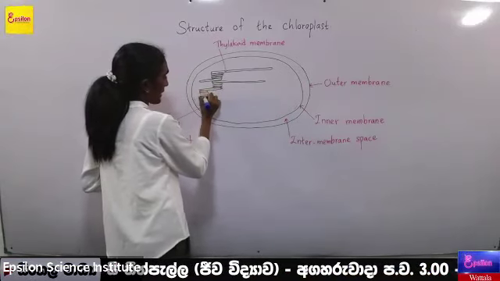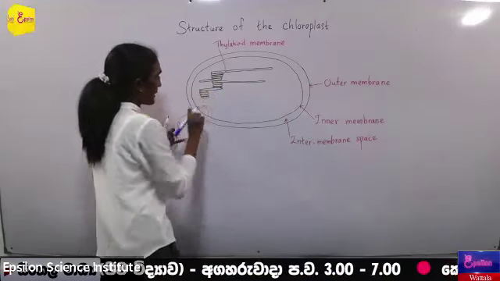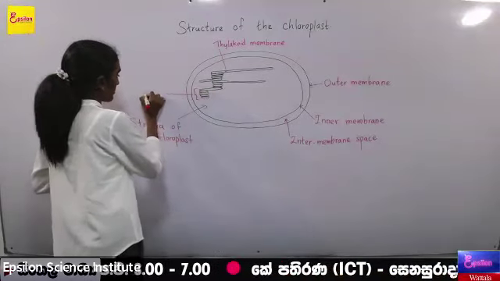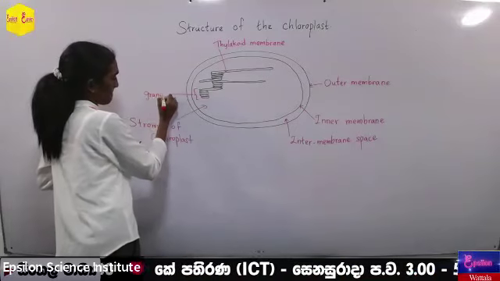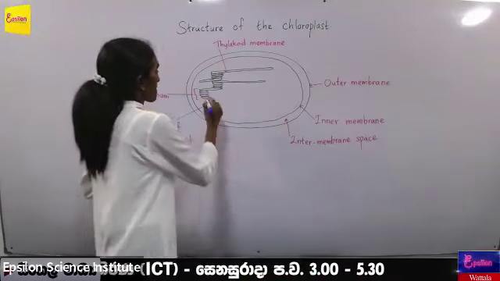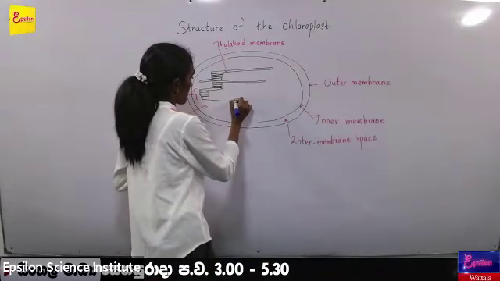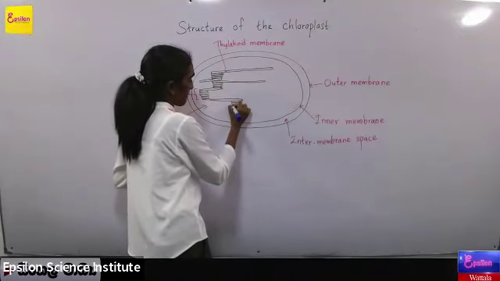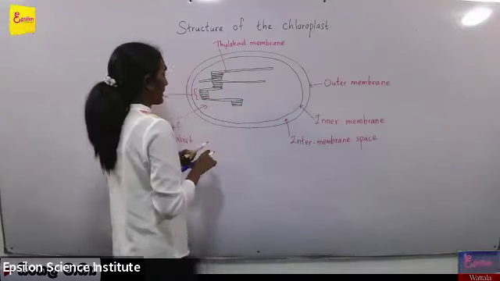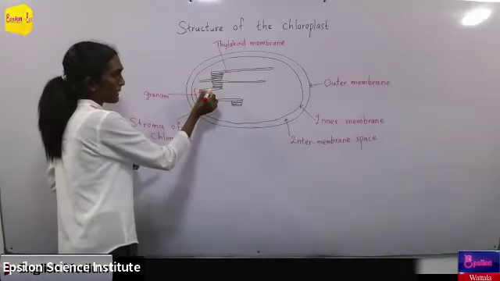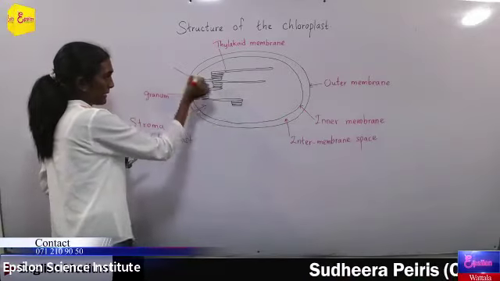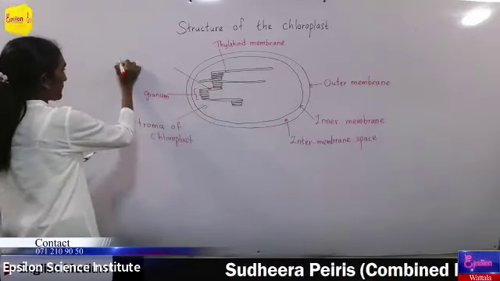These stacks of thylakoid membranes, we call grana. Granum is the singular term. If a particular thylakoid membrane is connecting to grana, we call it intergranal lamellae.